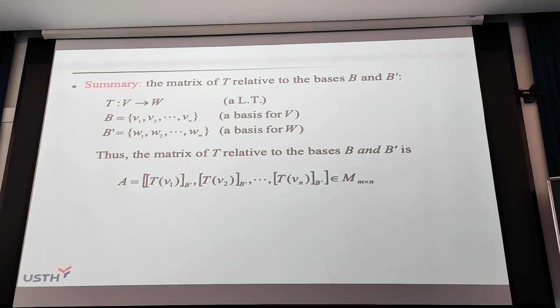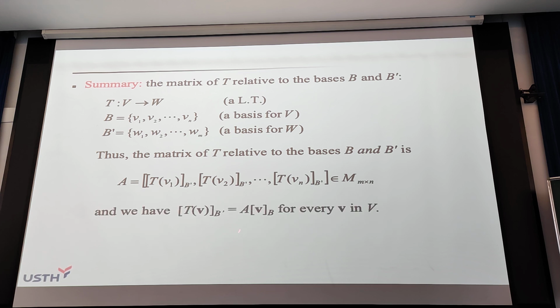You get T of V1 and we take the coordinate of that relative to the basis B prime. T of V2 with the coordinate relative to B prime. And so on, up to T of Vn, its coordinate according to the basis B prime. And then it is obviously a matrix of size m by n. And that will be the matrix of T relative to the bases B and B prime.